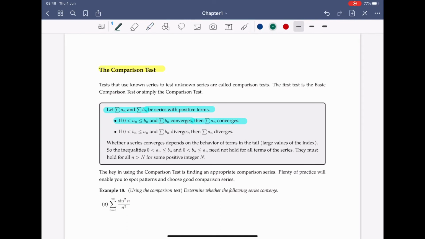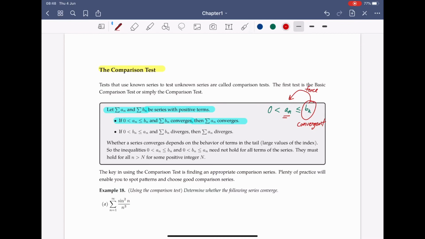Think of this in terms of a picture: you have 0 less than a sub n less than b sub n, and if you know that b n is convergent, then it's going to force a n to be convergent too.